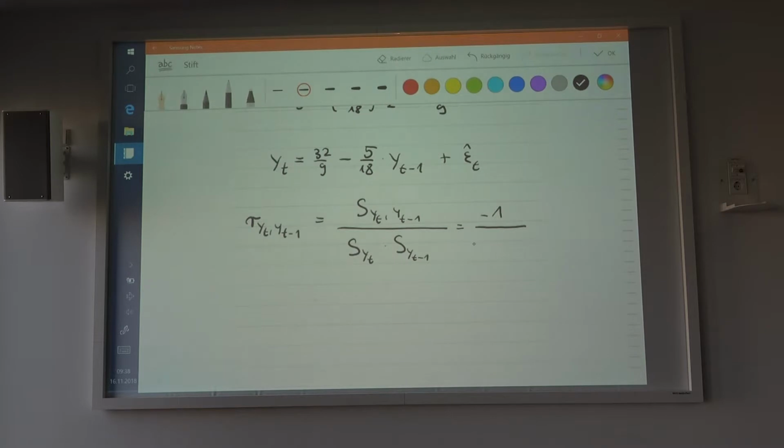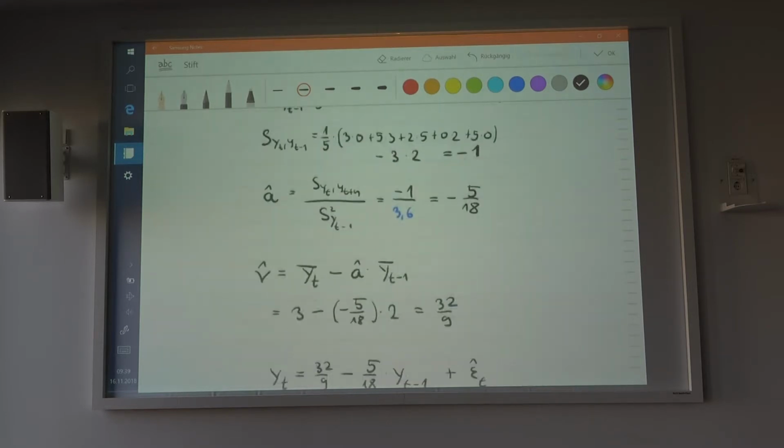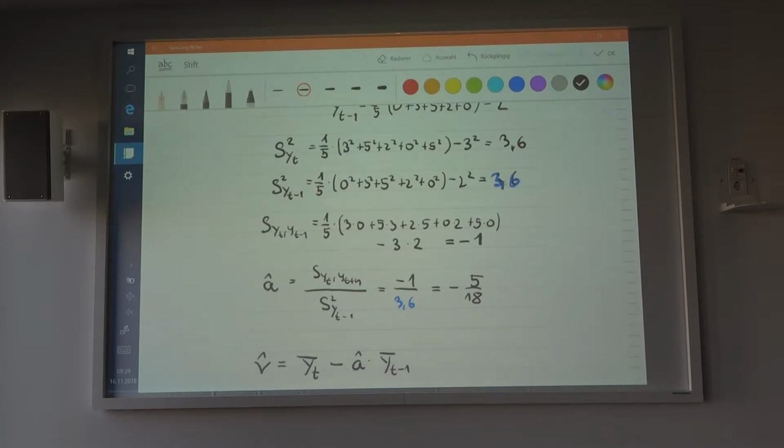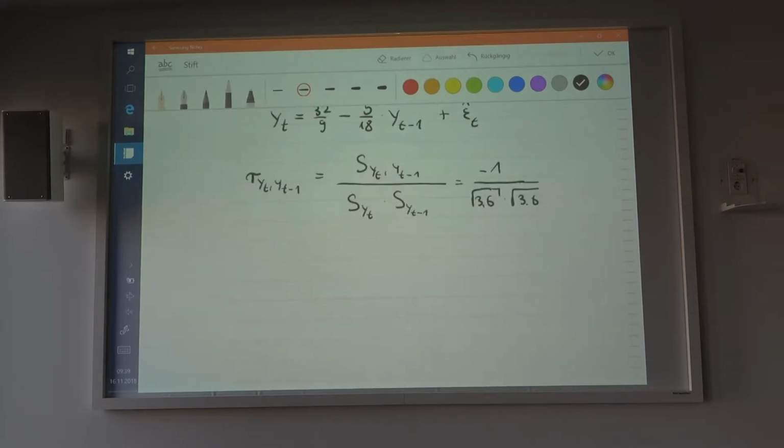So you would have the square root of 3.6 times the square root of 3.6, and that's of course equal to negative 1 over 3.6. So the correlation is the same as the slope, but this is just a coincidence. This is approximately negative 0.28, so it's relatively weak.